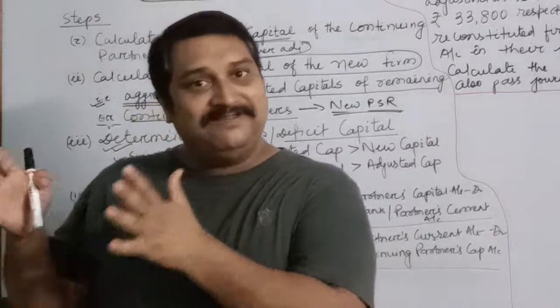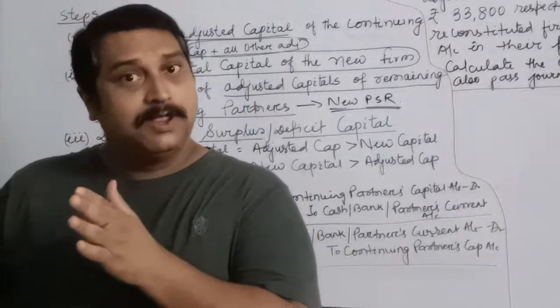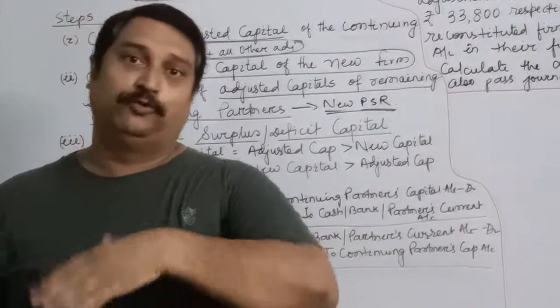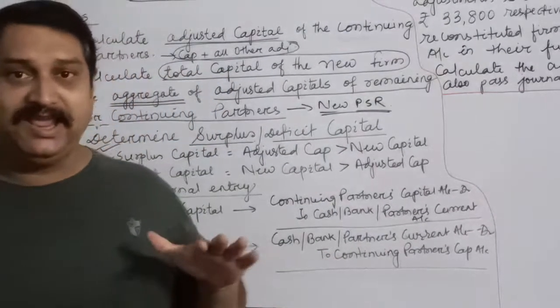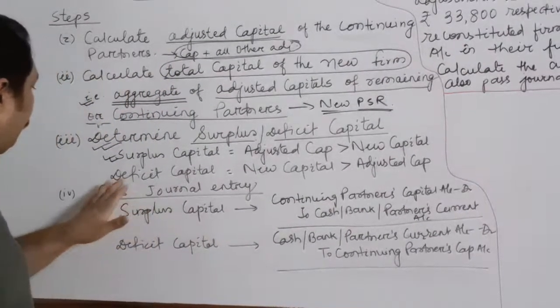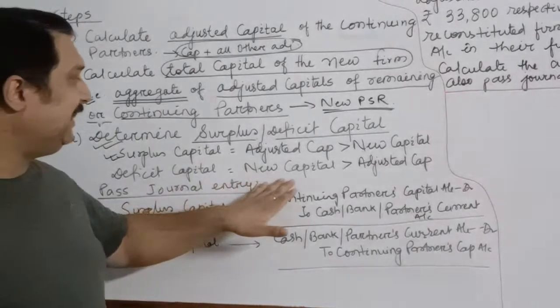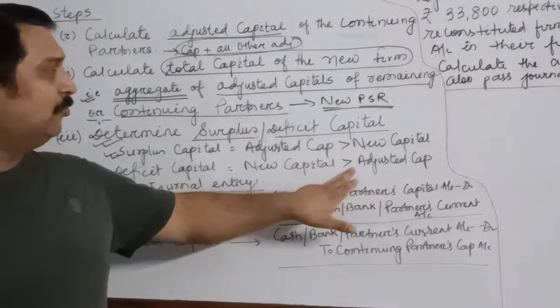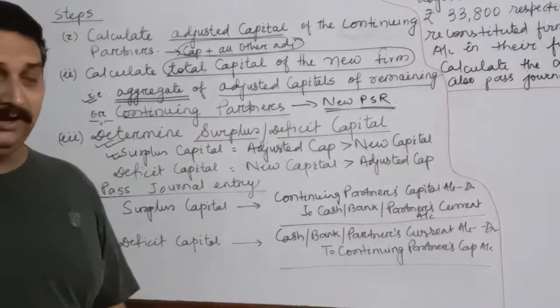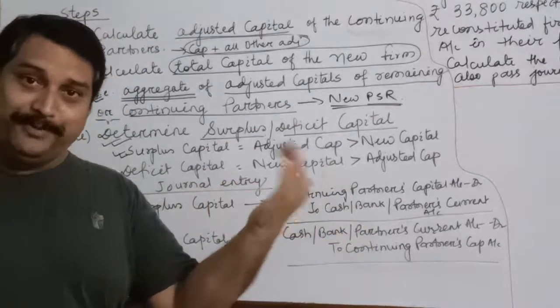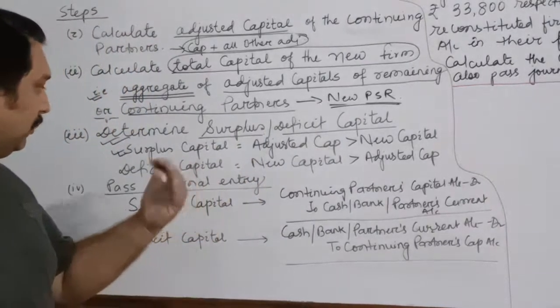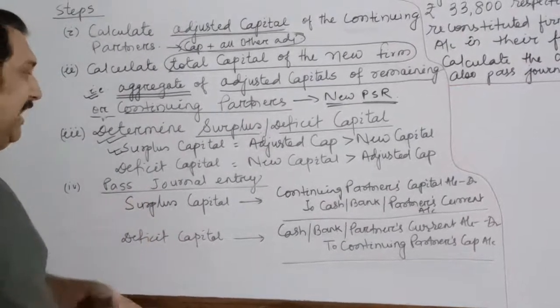That means the previous capital of the partner was more, which he will have to withdraw from the firm. Such a capital is known as the surplus capital. Deficit capital is the capital in which the new capital is more than the adjusted capital. And in this case, the partner will have to bring in more cash or contribute capital.